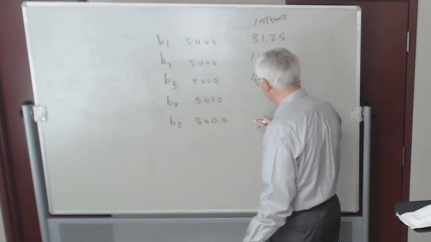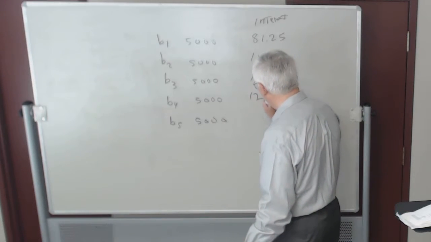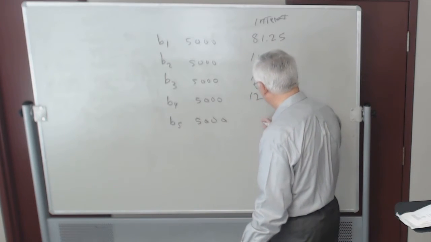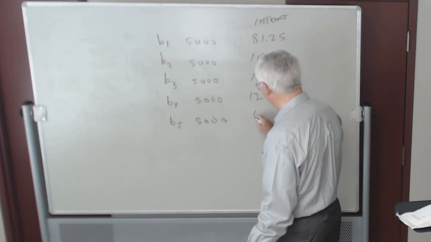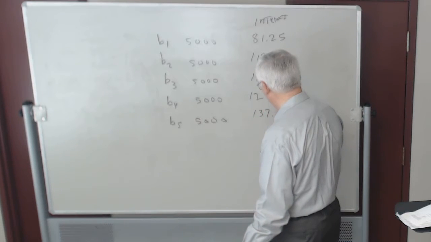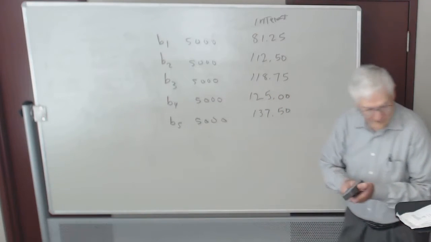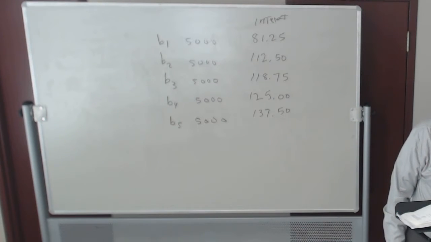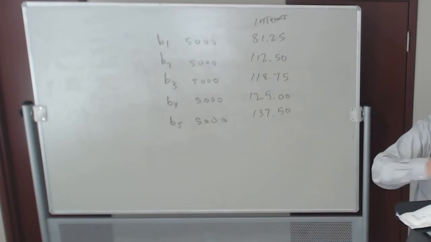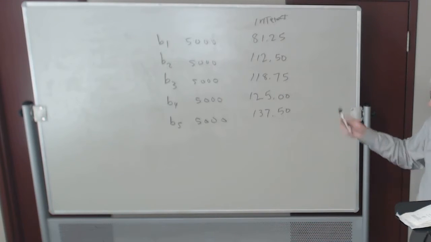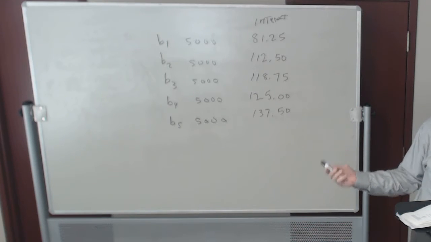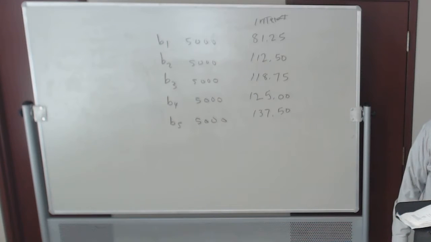The fourth one? 125. And the next one? 137.50. I'll put zeros up there. Okay? So now I've taken all the information from that little paragraph and I've put it up here so I can operate on it mathematically.